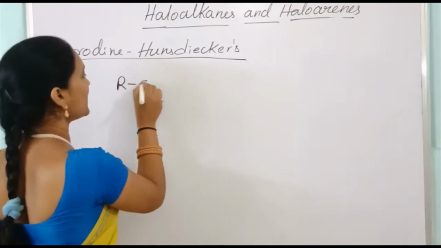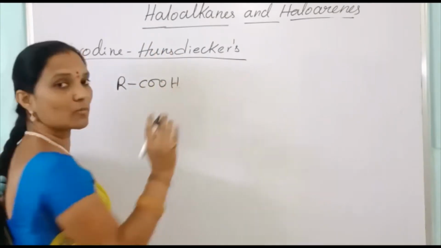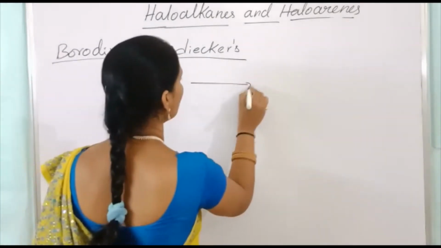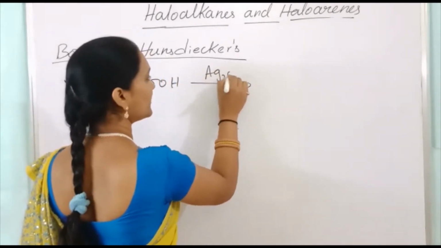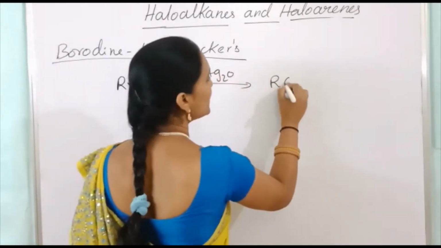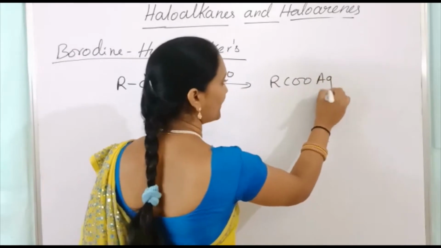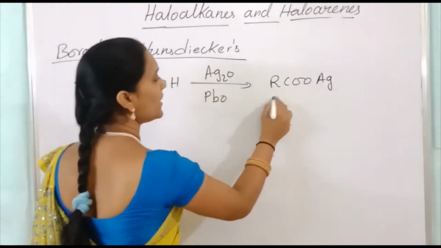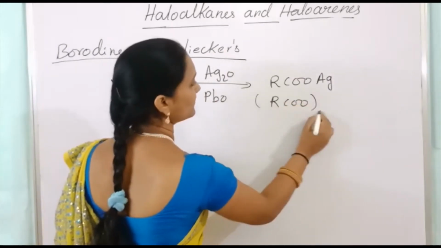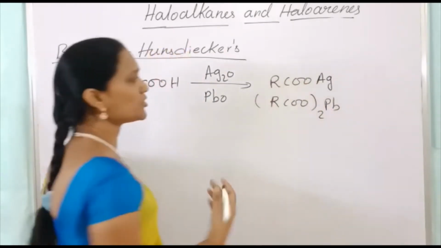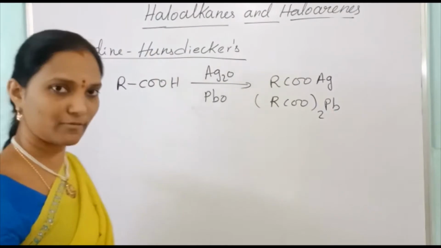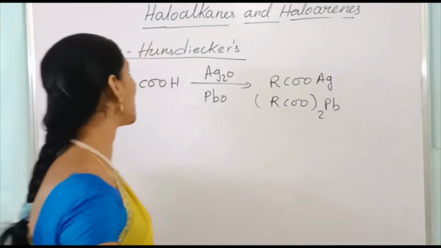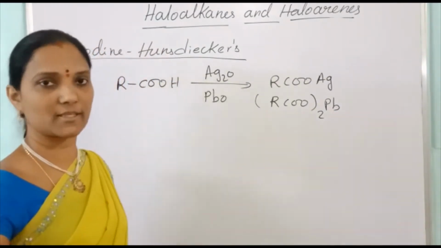How to prepare this? A carboxylic acid treated with silver oxide gives the silver salt of the fatty acid, or treated with lead oxide gives the lead salt. Either one can be used in the Borodin-Hunsdiecker reaction.